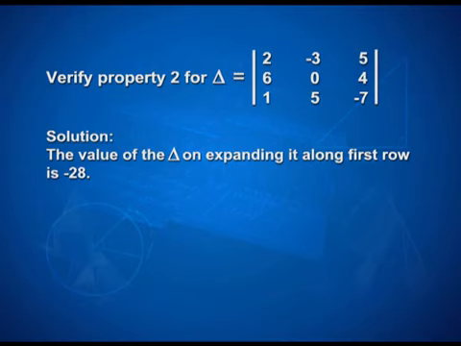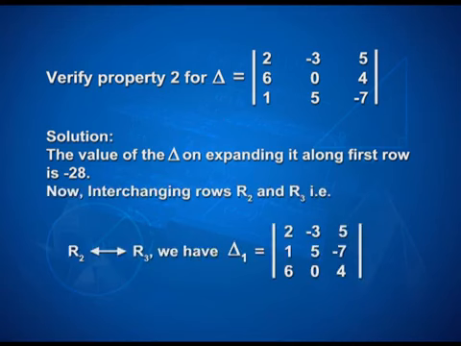We have done it in the last example. Now, interchanging rows R2 and R3, we have determinant 1 equal to 2, minus 3, 5, 1, 5, minus 7, 6, 0, 4. We have interchanged the second row and third row here.